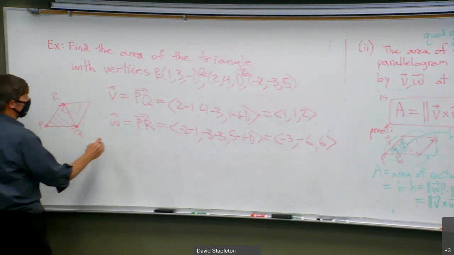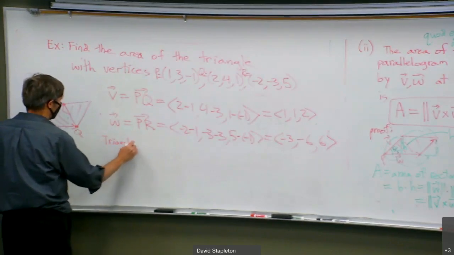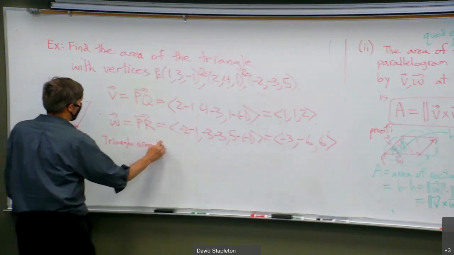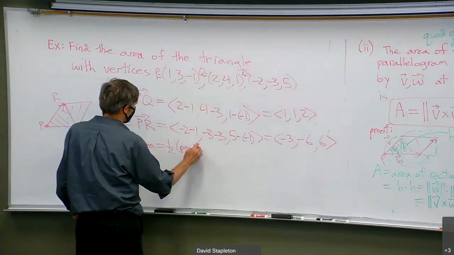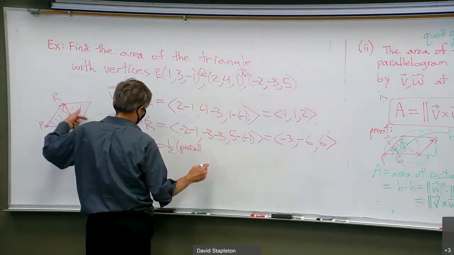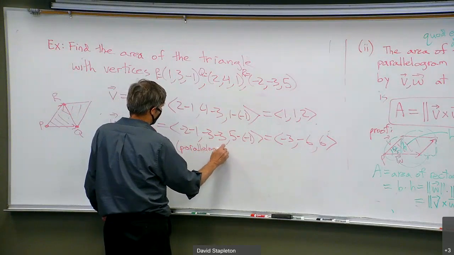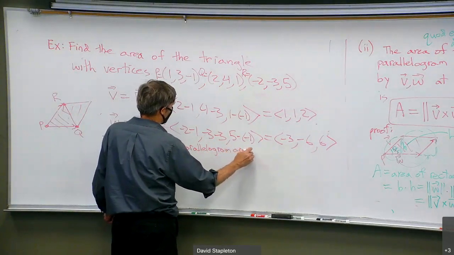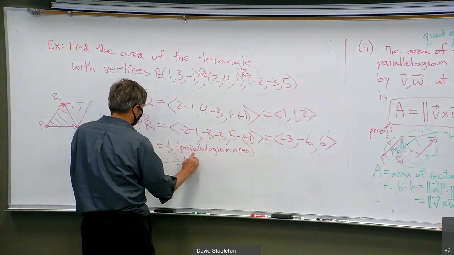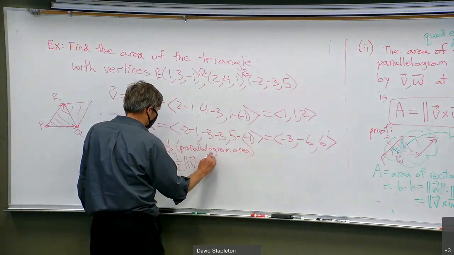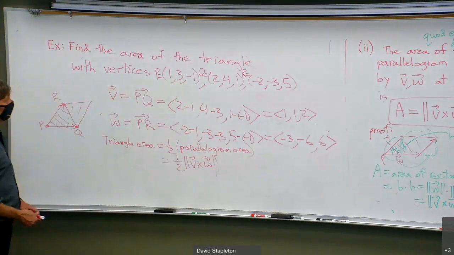So the area of the triangle is 1/2 the parallelogram area by symmetry. Take this one, flip it over the other way, and it's the same triangle. Which is 1/2 V cross W. All I have to do is compute the cross product and divide by 2. I can find the area of any triangle.